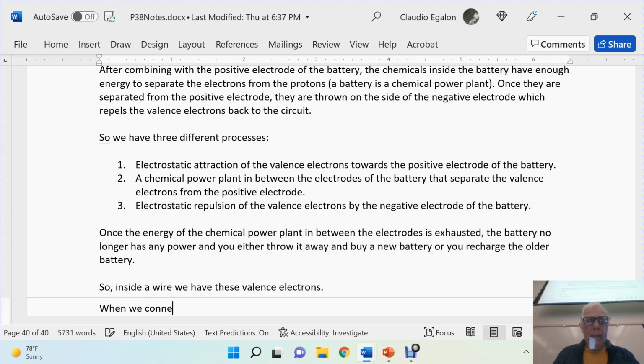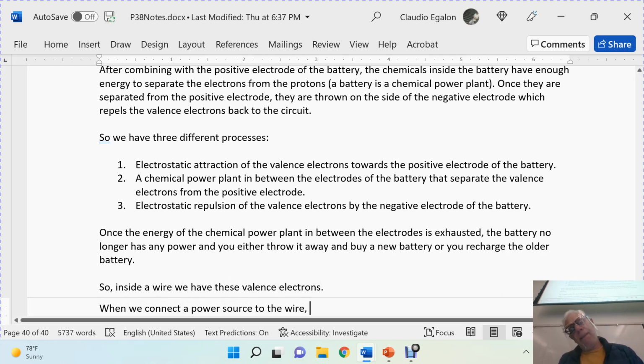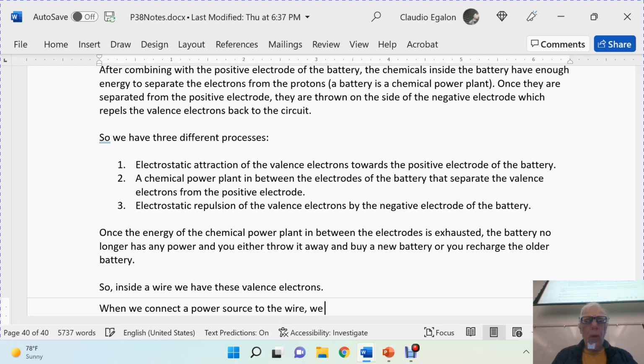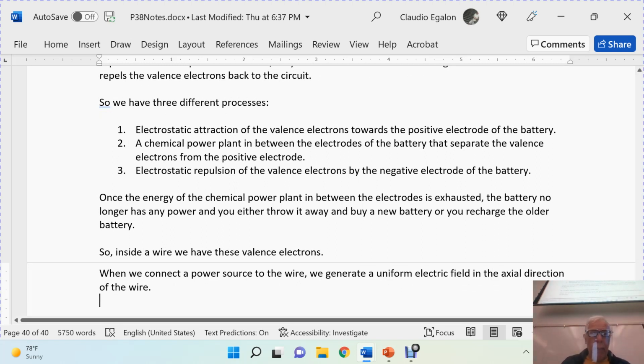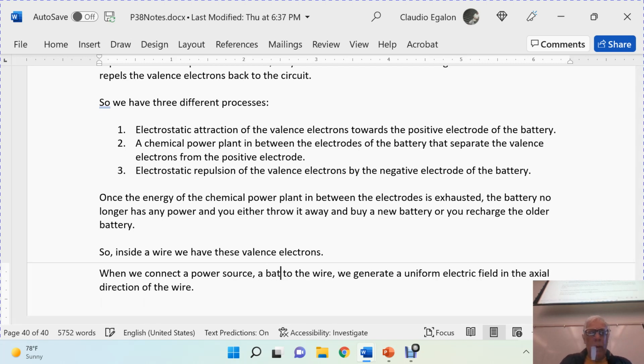When we connect a power source to the wire, we generate a uniform electric field in the axial direction of the wire. Power source means a battery or power supply.